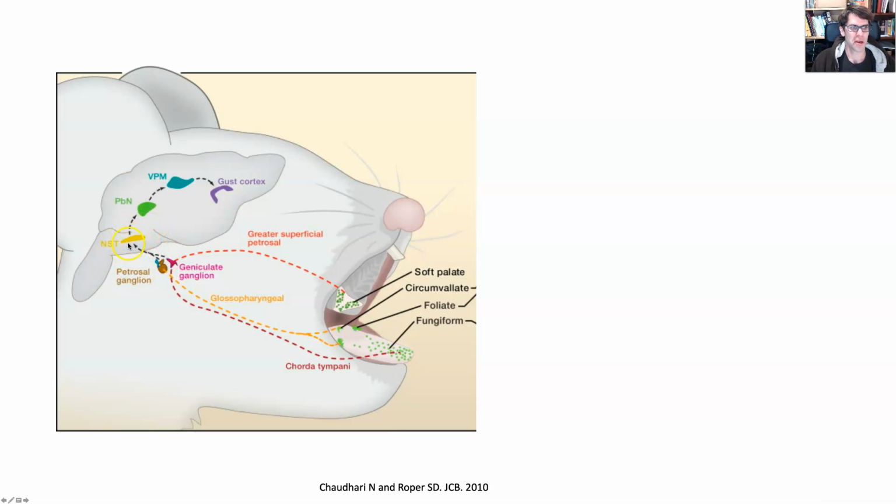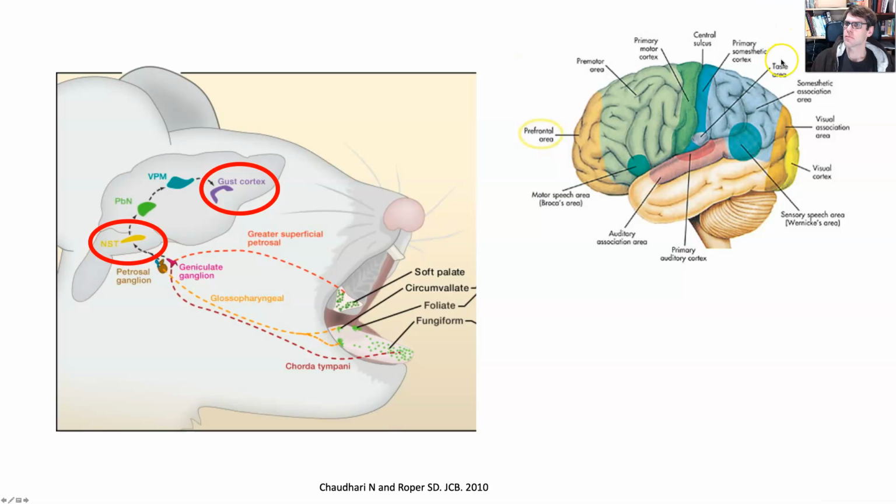Quite often the thought is that if a taste makes you want to vomit, that's because of activation here. It makes sense that we would tightly control taste and our ability to swallow, or the opposite of swallow.